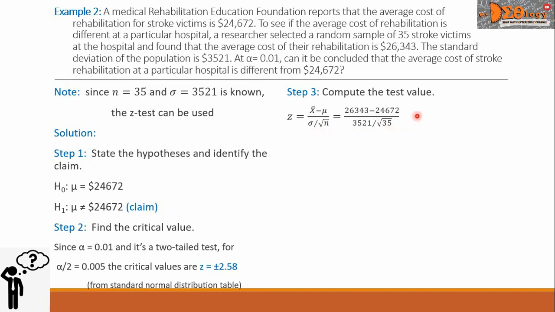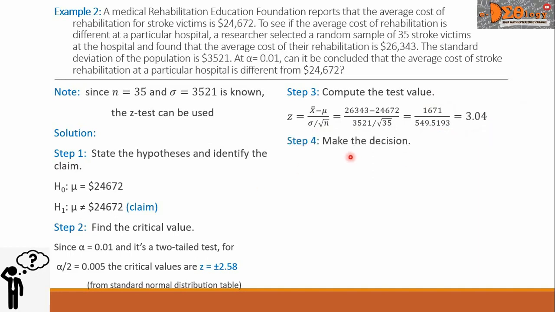Simplifying further, the numerator is now 1,671, while the denominator equals 549.5193. Getting the quotient here, the value is 3.04.